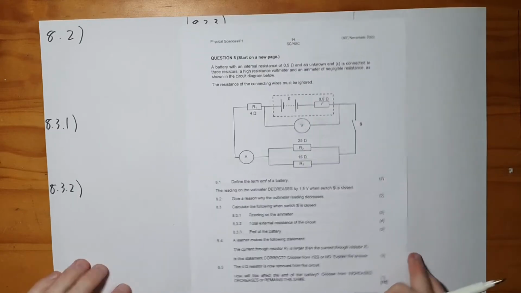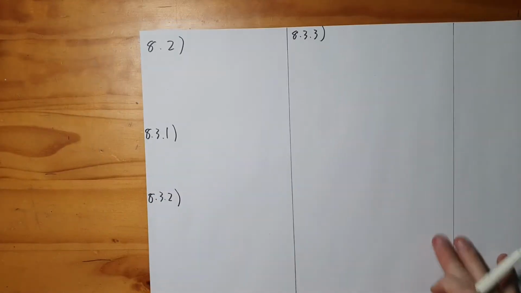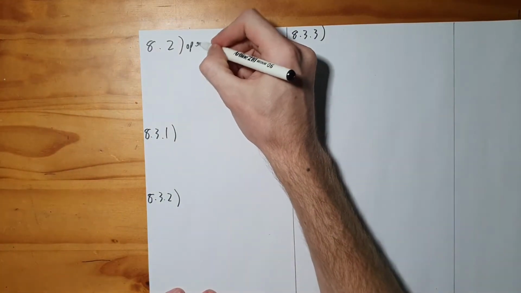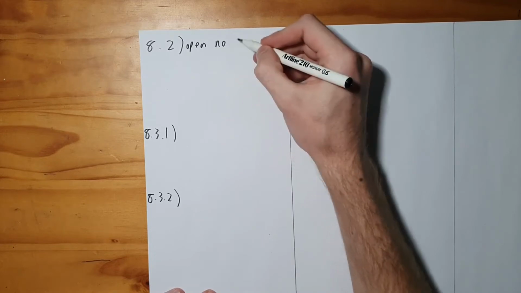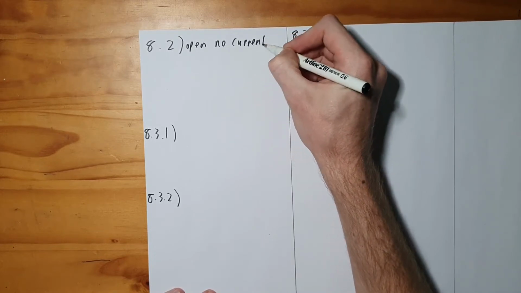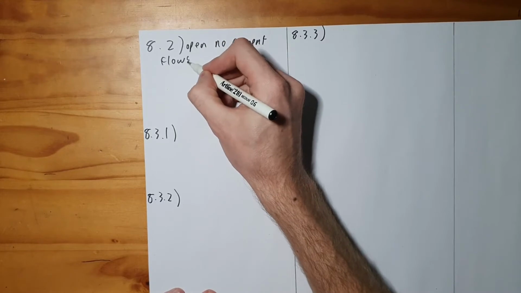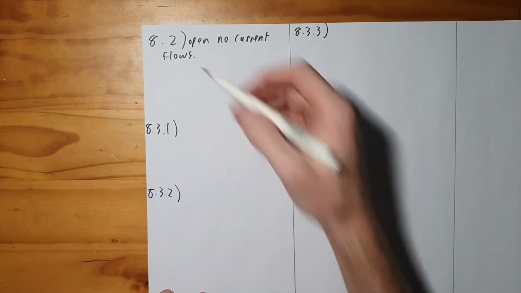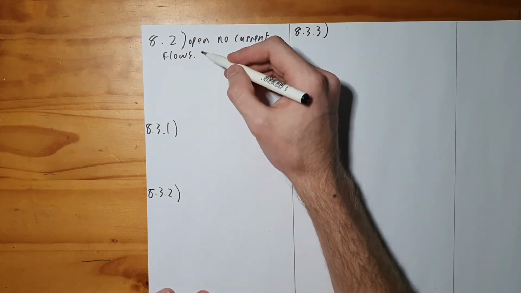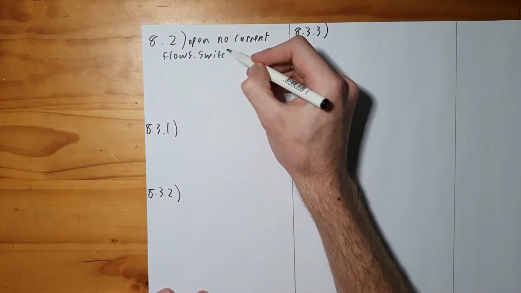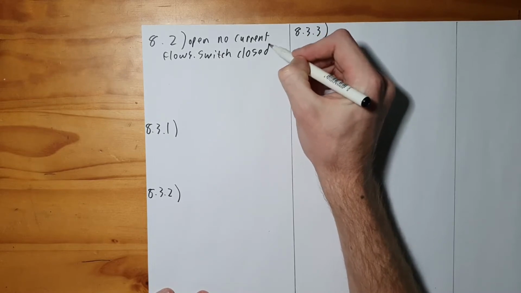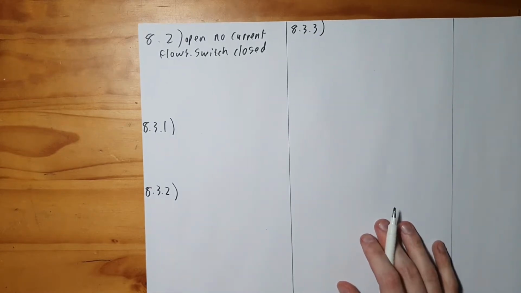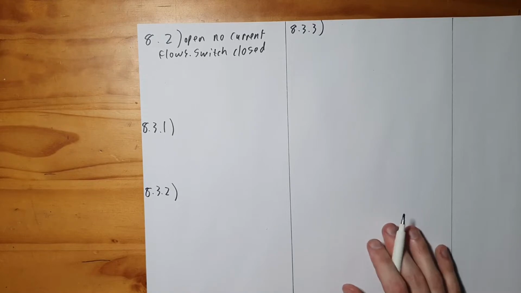Note that when the switch is open, no current flows. So there can't be a change in potential due to there being no movement. The minute that the switch is closed, we create the flow of current because now there's a potential difference. And due to the potential difference, there is internal resistance that takes place.